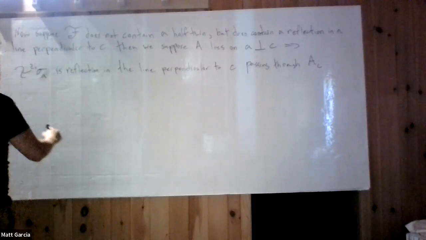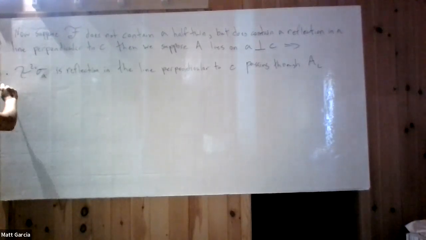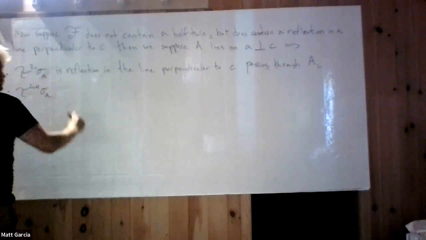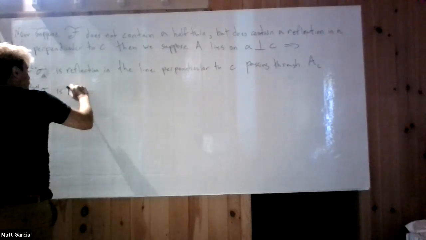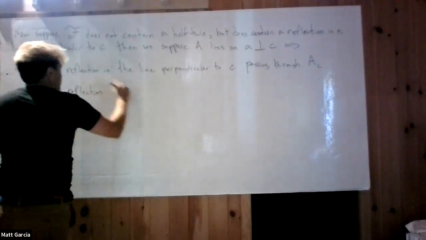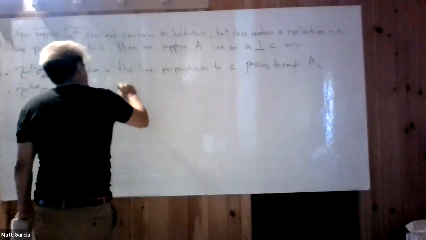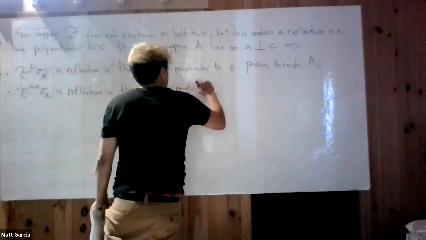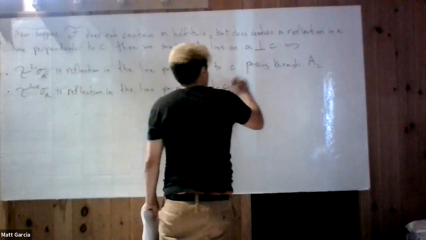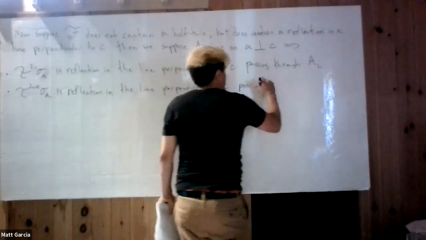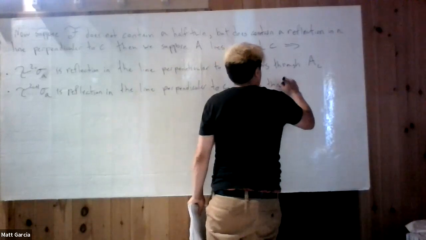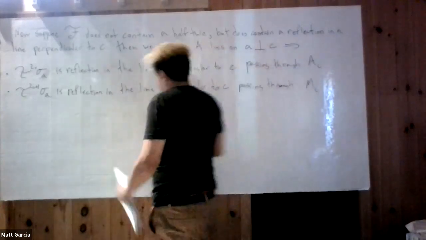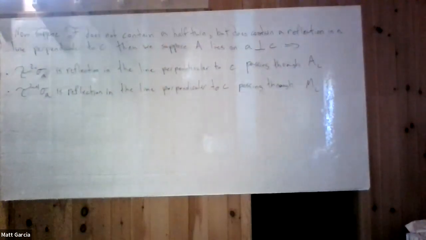And similarly, tau to the 2i plus 1 sigma a is reflection in the line perpendicular to C, passing through M sub I. Okay.